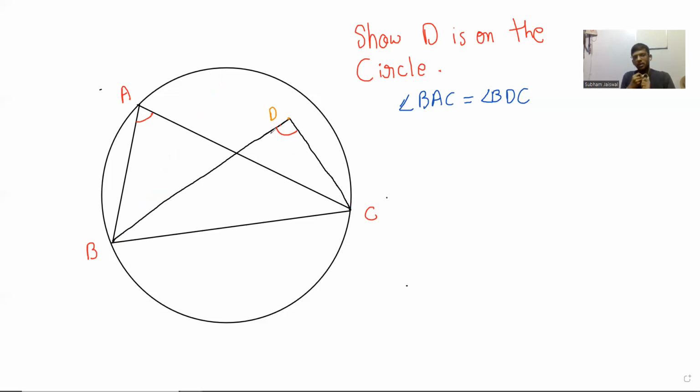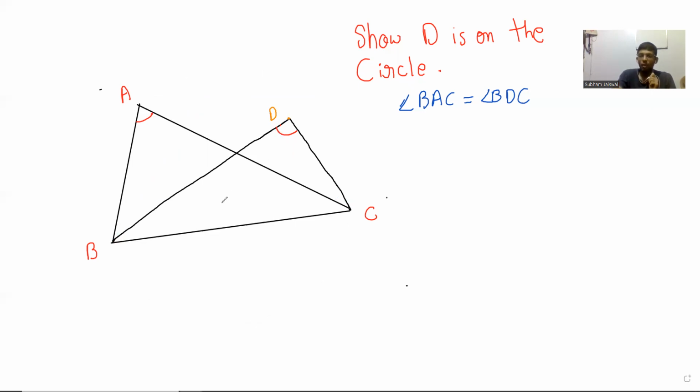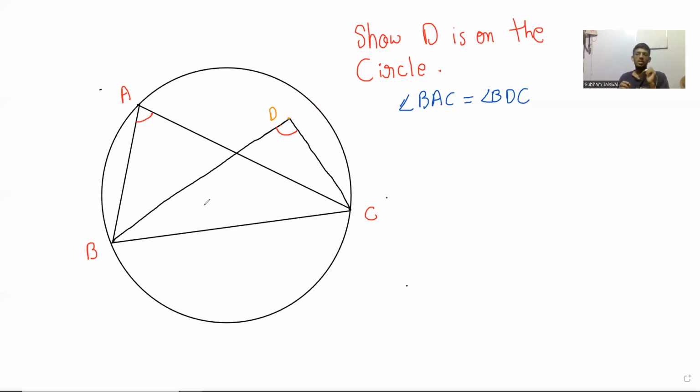Even if the circle was not there, you would know that these 4 points will be on a circle. If you prove this, then you say, okay, B, A, C are on a circle, and the D angle is equal to the A angle, so D has to also be on the same circle. So all the 4 points are on a circle. That's pretty fantastic, right? It's quite a lot you get. That's why the result is important.